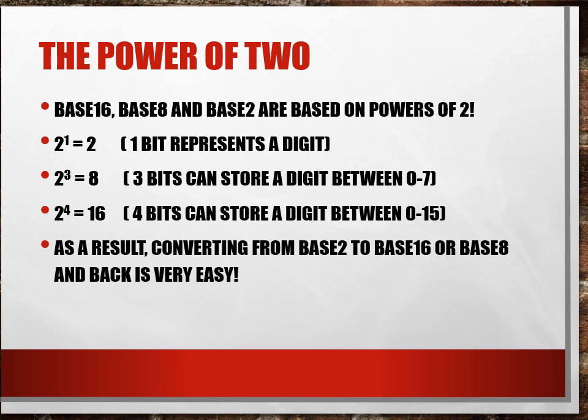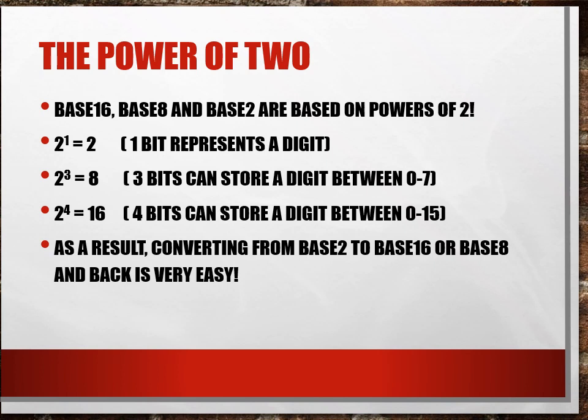A great shortcut is the fact that all of the powers of 2 have relationships to one another. So with binary, a single bit is represented with a single binary digit. But octal, which is 2 to the third, since it's also a power of 2, right?